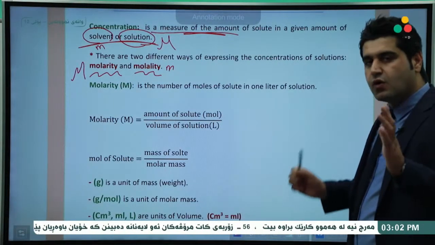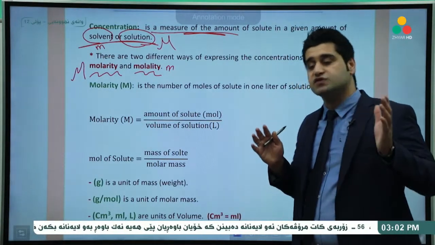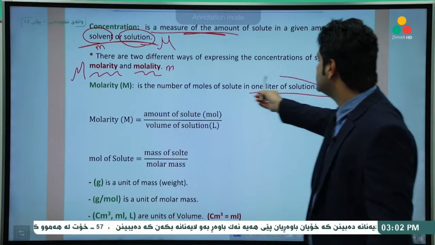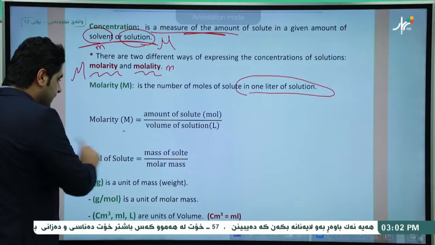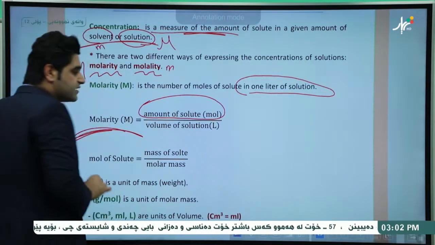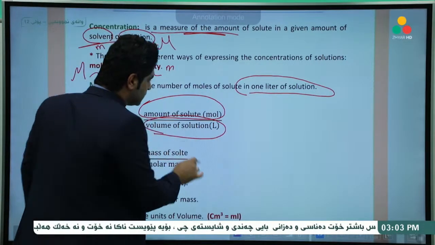Molarity is the number of moles of solute in 1 liter of the solution. Molarity is the number of moles of the solute per 1 liter of the solution.